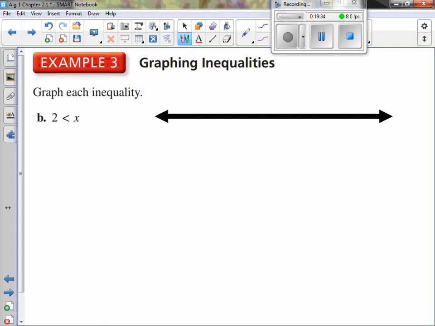So let's see here. So I'm going to do it for these here just so we can kind of see what our numbers are. So the main focus of this here is 2 is less than x, yes? So 2 is our main point. Would it be open or closed?